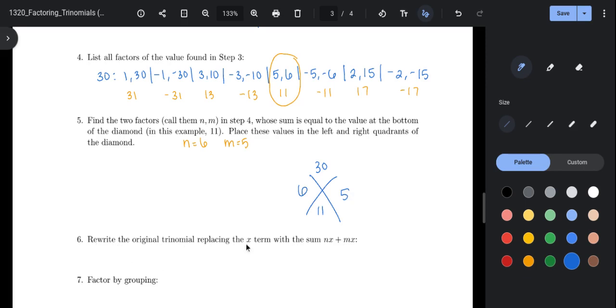And then it asks us to rewrite the original trinomial, replacing the x term with the sum n times x plus m times x. So we get 2x squared plus 6x plus 5x plus 11.